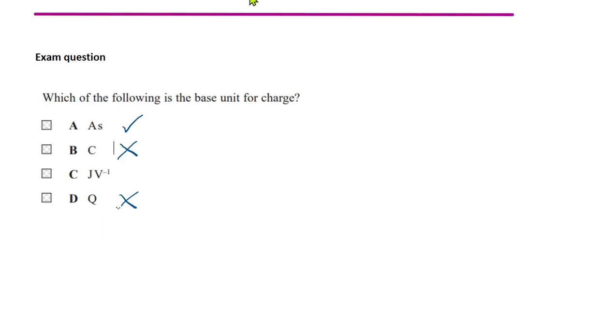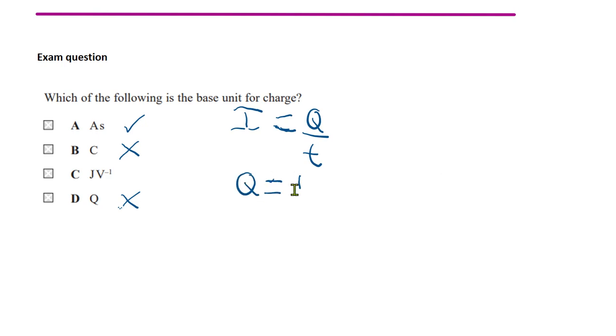So we're going to write that relationship here. I won't worry with the delta, which means change. So I've got I equals Q over t. If I rearrange this, then Q, the symbol for charge, is I times t.